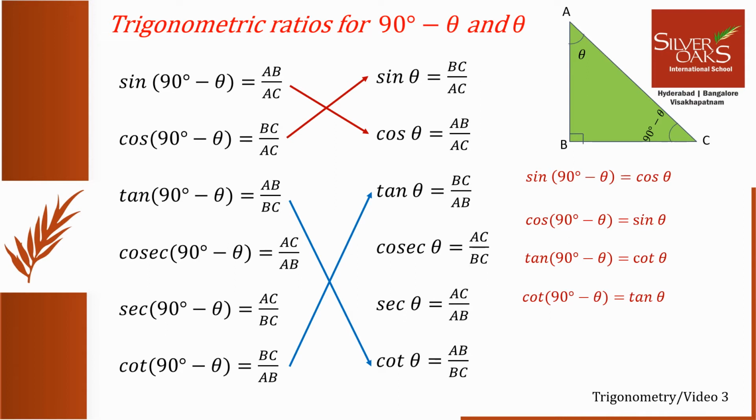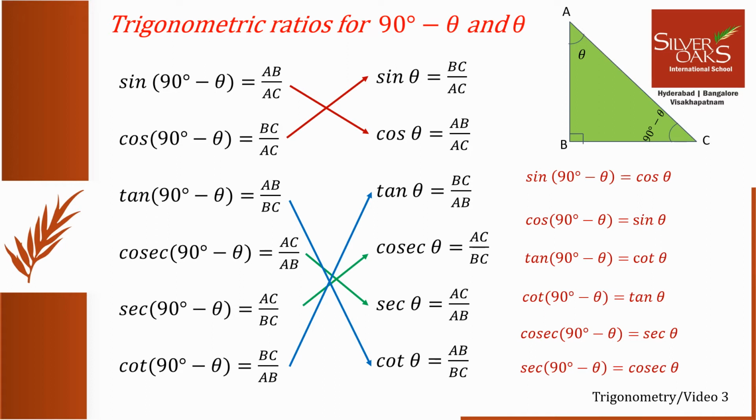Now look into cosecant 90 degrees minus theta, which is AC by AB. In the second column, you look for AC by AB. It is secant theta. So, cosecant 90 degrees minus theta is secant theta. The last one, secant 90 degrees minus theta is cosecant theta.